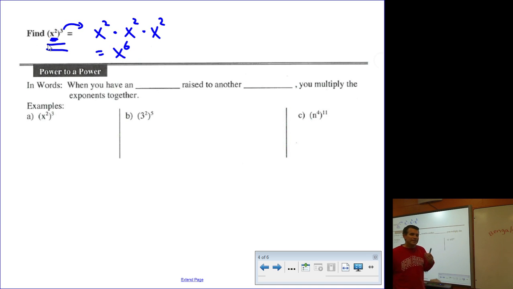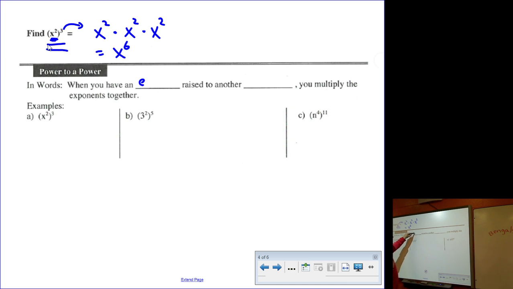Well, we'd like a shorter way to get that answer. Instead of taking 2 steps to get it, we have an exponent rule that will get you the answer in 1 step. And it is called the power to a power rule. It's when you have an exponent raised to another exponent. And here's what the rule says.